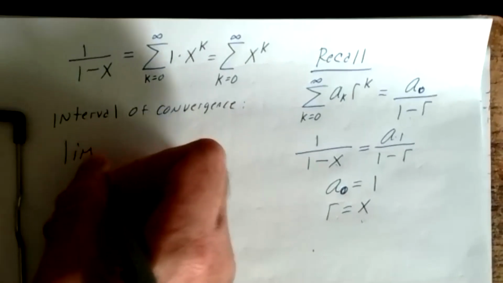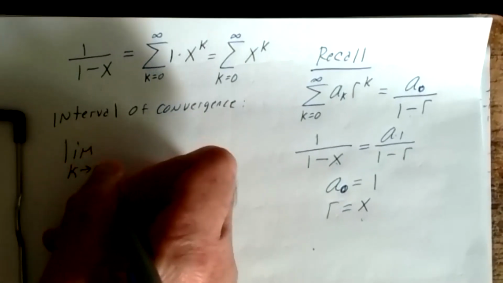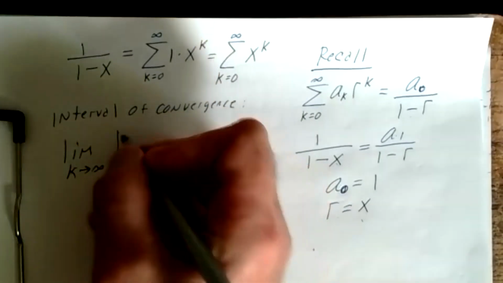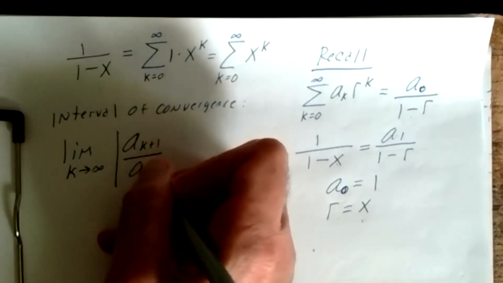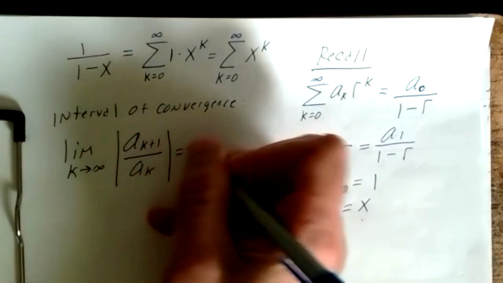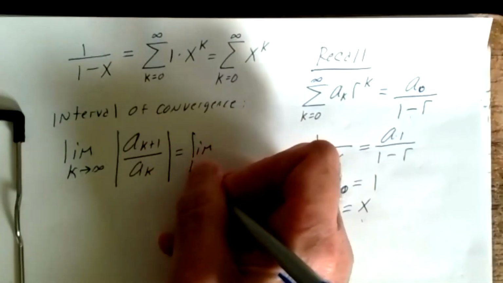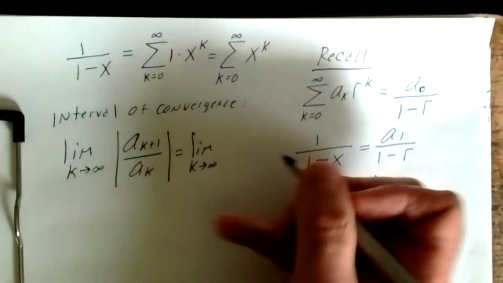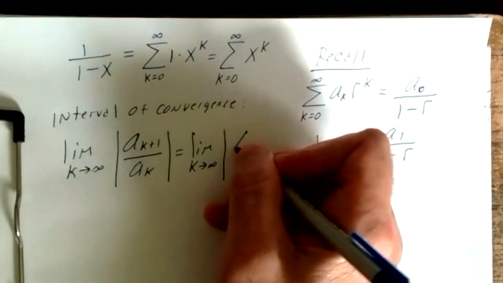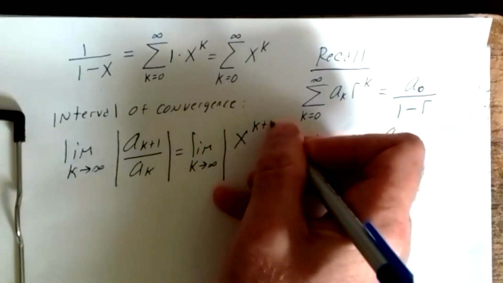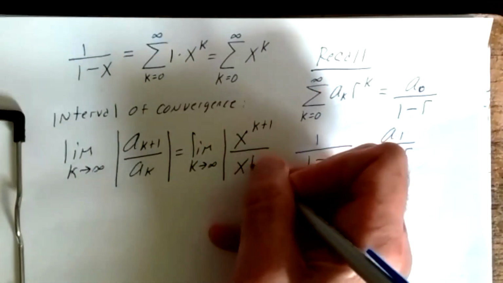So we have the limit as k approaches infinity of the absolute value of our k plus 1th term over our kth term, which is equal to the limit as k approaches infinity. Our k plus 1 term is going to be x to the k plus 1 divided by x to the k.